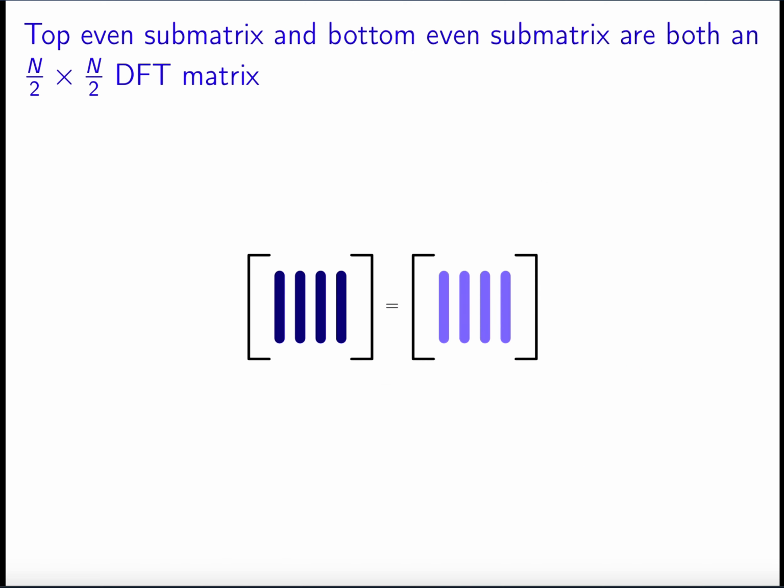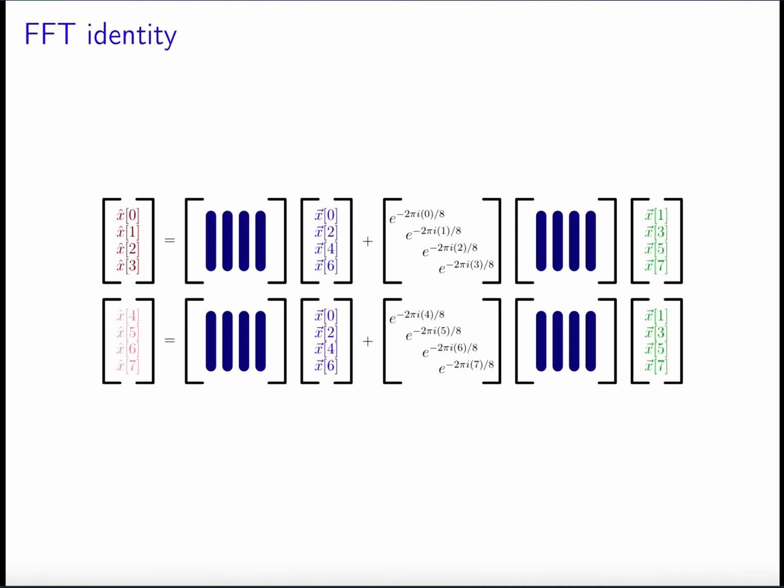In addition, it turns out that the top even columns are exactly the same as the bottom even columns, and they're both equal to an n-half times n-half DFT matrix. This is very cool because now when I look at x hat, this is even entries, and these are the odd entries.